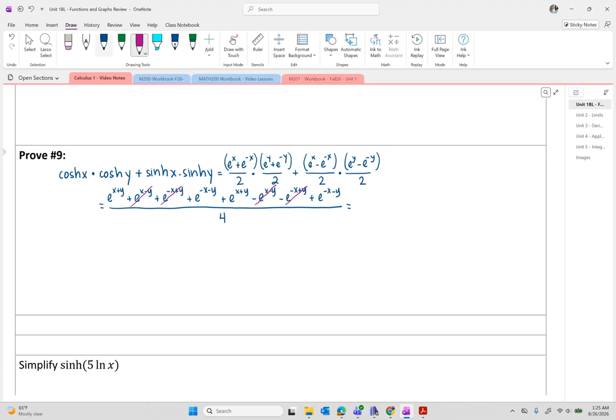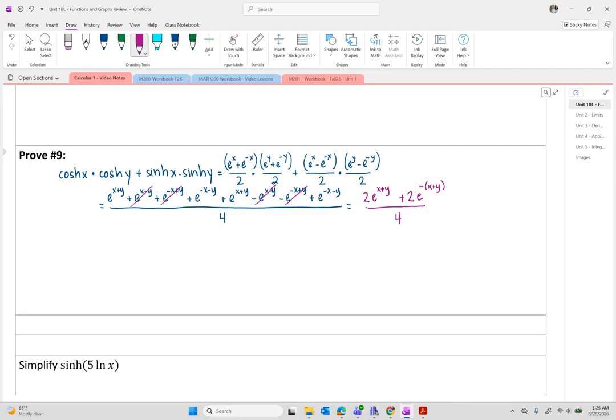So I have e to the x plus y plus e to the x plus y, which is 2e to the x plus y. And then I have e to the negative x minus y and plus e to the negative x minus y. And for that one, I will add them, but in the exponent, I will factor out the negative one, and I will have x plus y, and divide by 4.